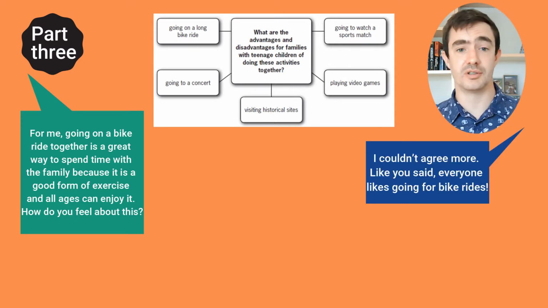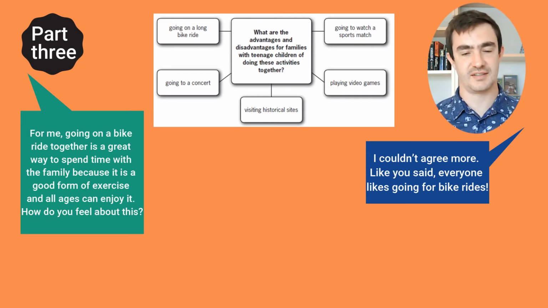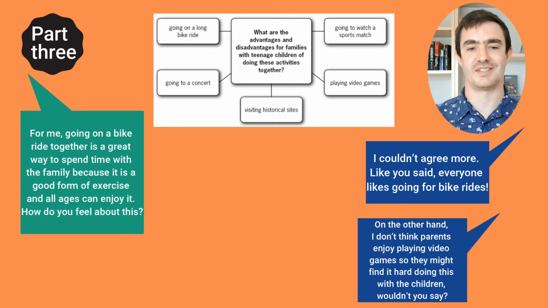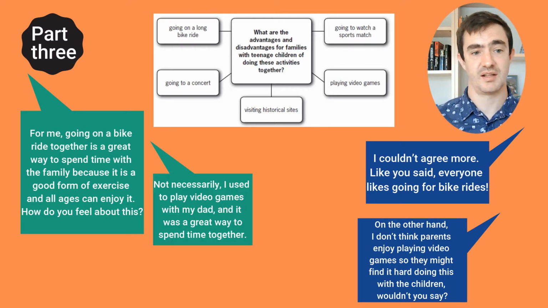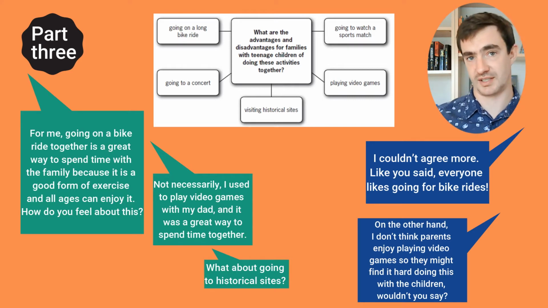I couldn't agree more. Like you said, everyone likes going for bike rides. On the other hand, I don't think parents enjoy playing video games, so they might find it hard doing this with their children. Wouldn't you say? Not necessarily. I used to play video games with my dad, and it was a great way to spend time together. What about going to historical sites?